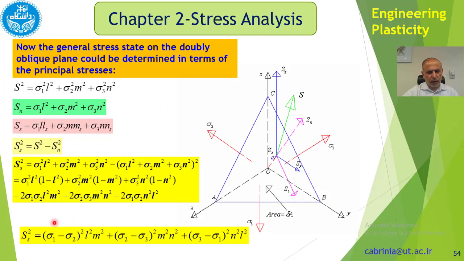And if we rearrange these components, we get something like that: sigma 1 minus 2 squared, L squared M squared, sigma 2 minus 3 squared, M squared N squared, and sigma 3 minus 1 squared, N squared L squared.